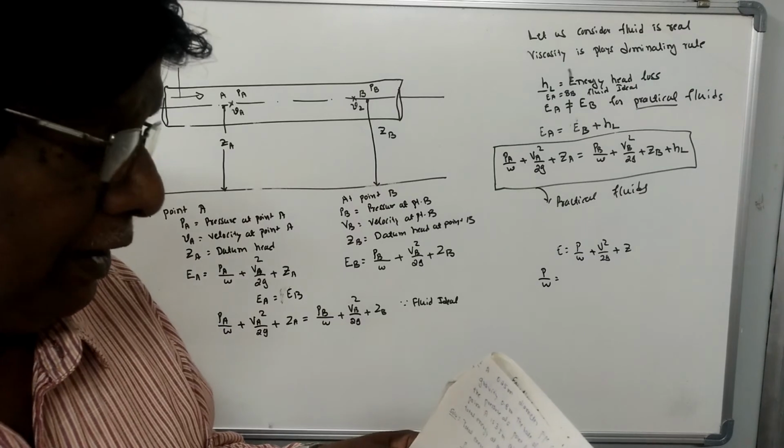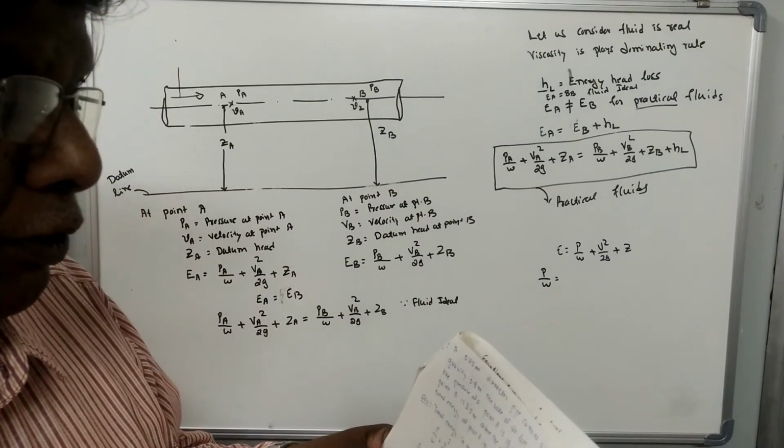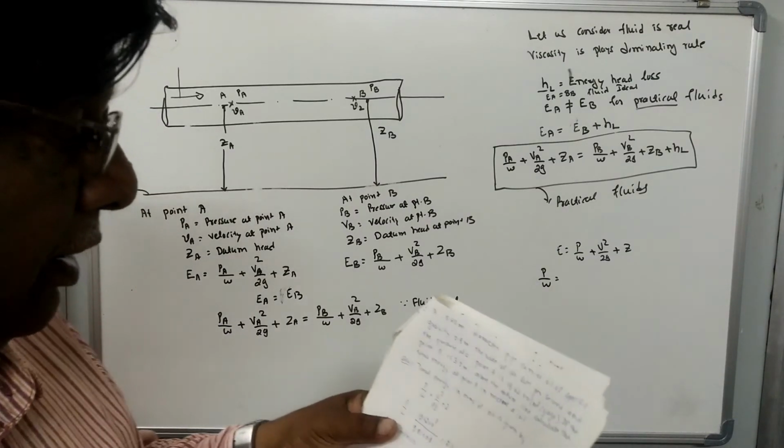Then P by W: the pressure at point A is 19.62 kilonewton per meter square.